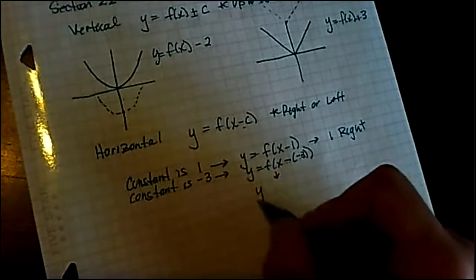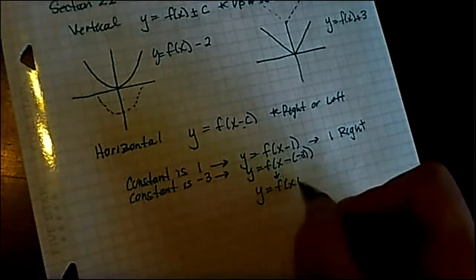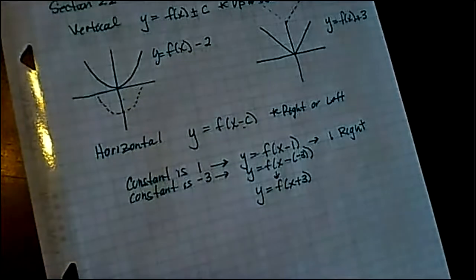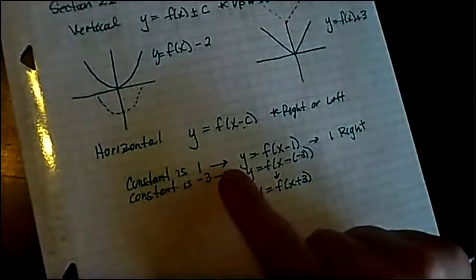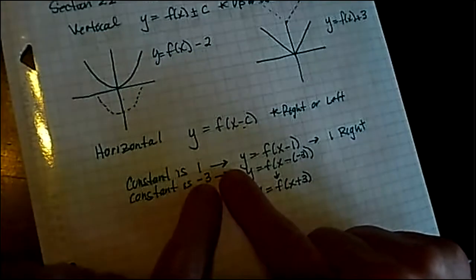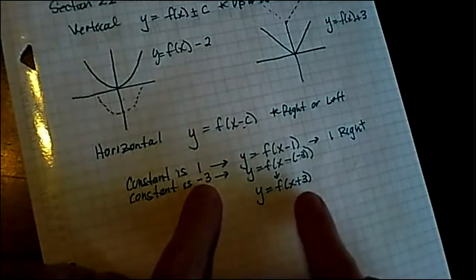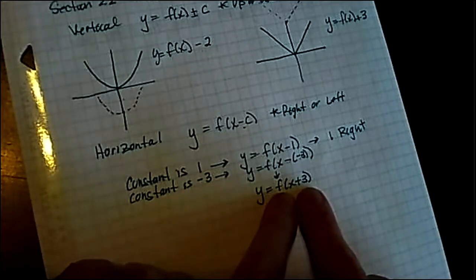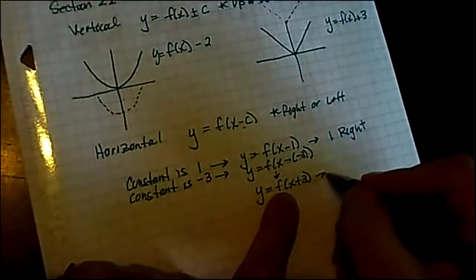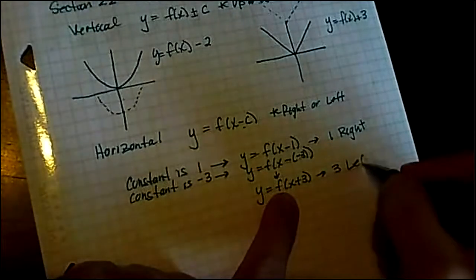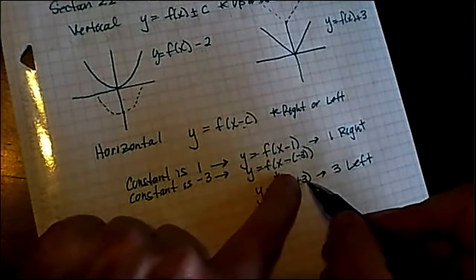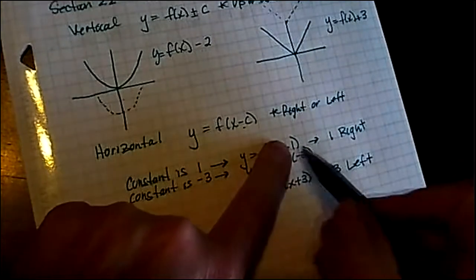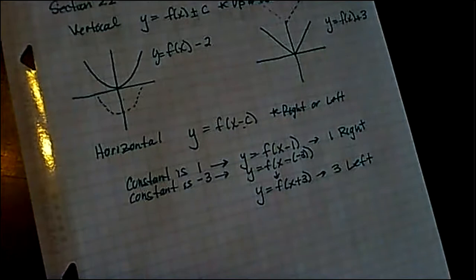So this becomes y equals f of x plus 3. But when I look here, what is it I want to shift? I want to go 3 to the left. However, it looks like I want to say 3 to the right, but it's not. It's 3 to the left, because C is negative 3. Here, C is a positive 1, and we're shifting it whatever that constant is. So that's kind of tricky.